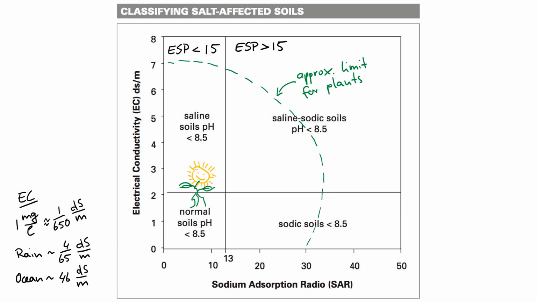A tomato crop, for example, which is going to be quite salt intolerant, will probably already have some yield reductions past 2 to 3 decisiemens per meter, versus a barley, which is relatively salt tolerant, will have probably a 50% yield reduction at an electroconductivity of maybe 5, 6, or 7 decisiemens per meter, but it's still going to be able to function to some extent.